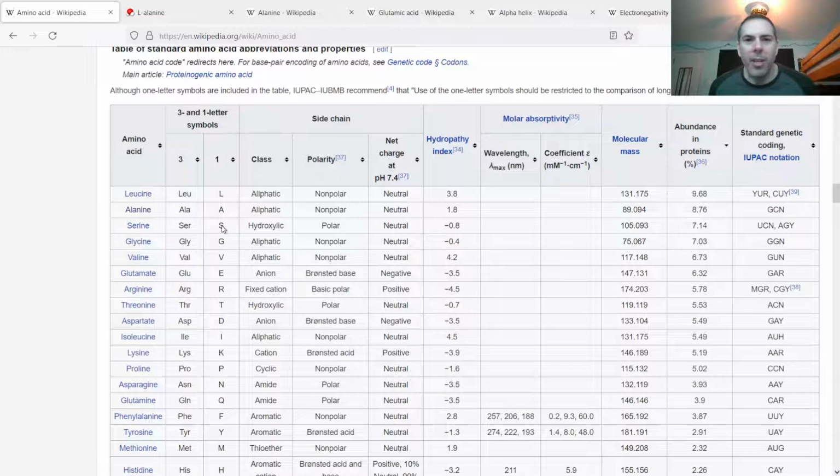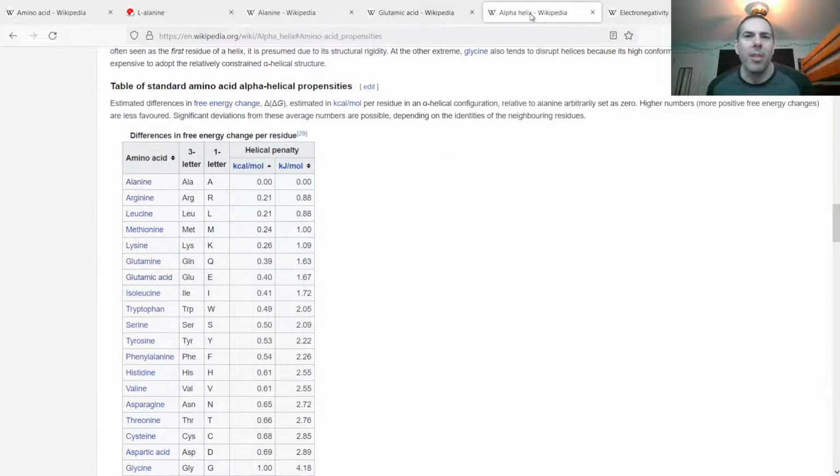I guess one thing to talk about: we started with leucine and now we're on alanine, and it's kind of interesting that together they make up roughly 18% of the amino acids in proteins. You're probably wondering why it's a decent chunk, since 2 out of 20 should be 10%, but it's closer to 18%.